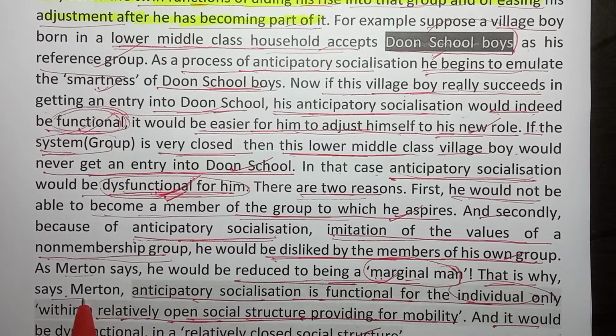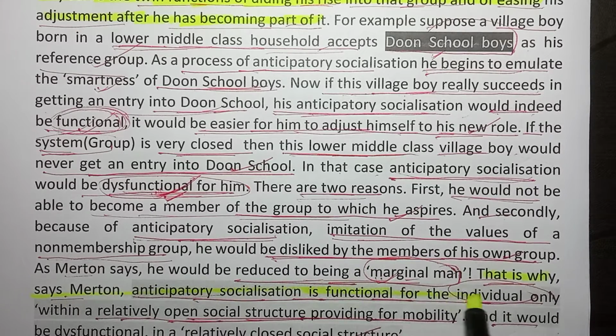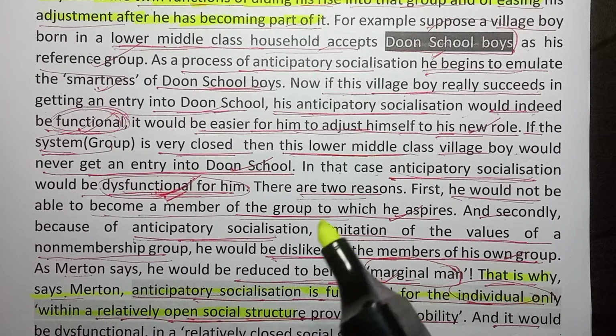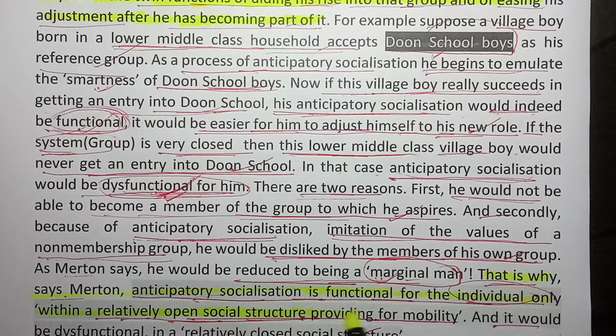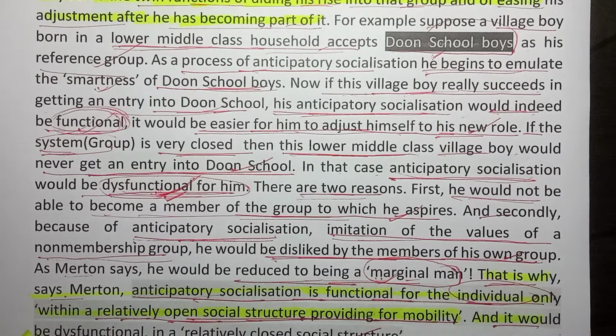That is why, says Merton, anticipatory socialization is functional for the individual only within a relatively open social structure, that means an open society where mobility is high, and it would be very dysfunctional in a relatively closed social structure.